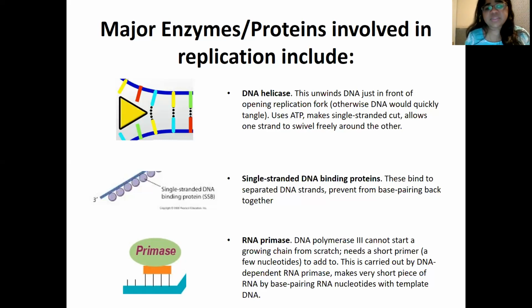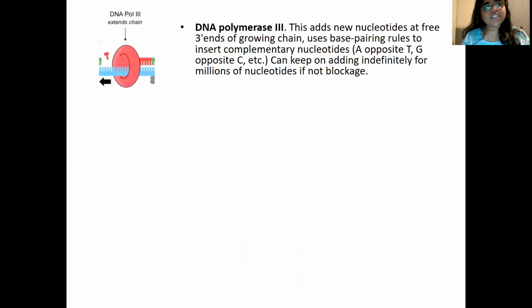It can be different types, but in this case, it would be specifically an RNA primer that they would put in to continue off. So to continue off, they actually use DNA polymerase 3. DNA polymerase 3 extends it from the 3' end, and it keeps on growing from the 3' end of that strand, right? So remember, synthesis occurs from 5' to 3'. It adds on to the 3'.